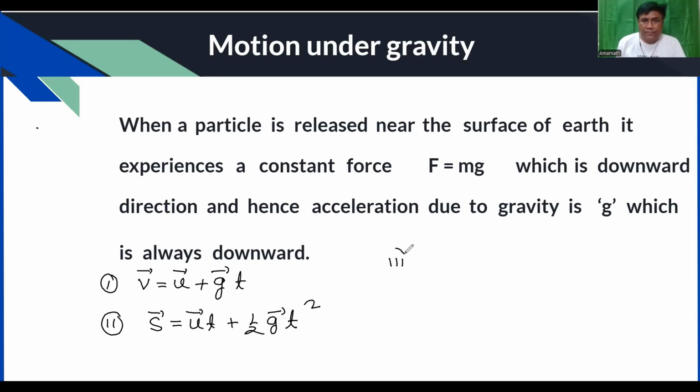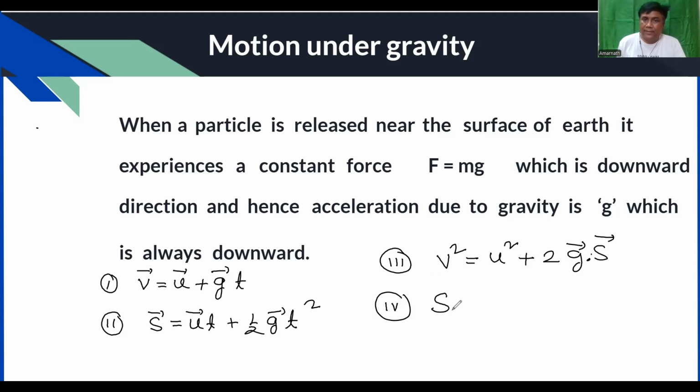Third equation: v square equal to u square plus 2a, in place of a I am putting g, dot s. This is a vector, this is a vector, this is a dot product. And here v square is nothing but v dot v. I have already told you. And displacement in the nth second equal to u plus g by 2 into (2n minus 1).